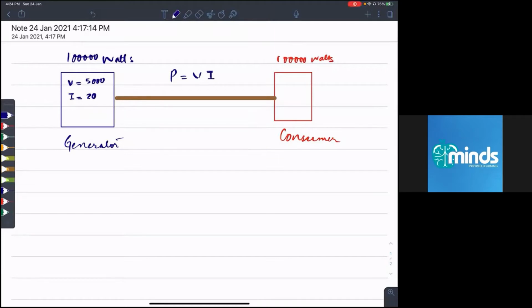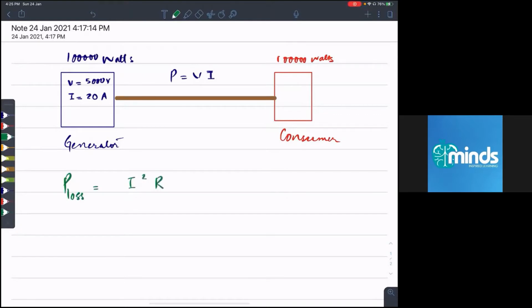If I multiply these two, we will surely get 100,000 watts, right? So when we have this much voltage and this much current, we will have 100,000 watts of power.